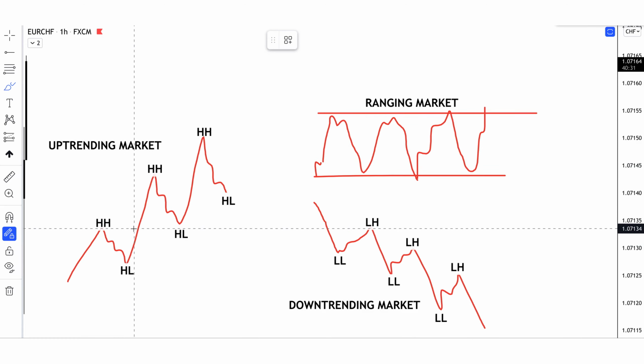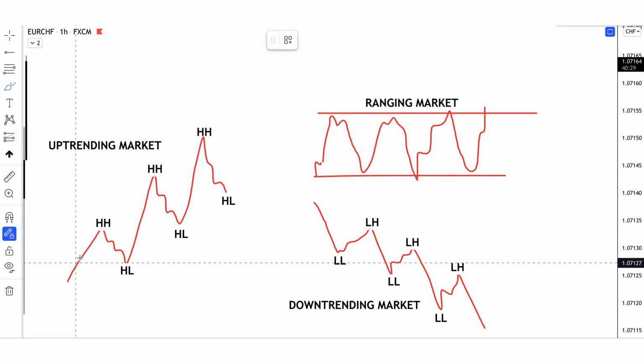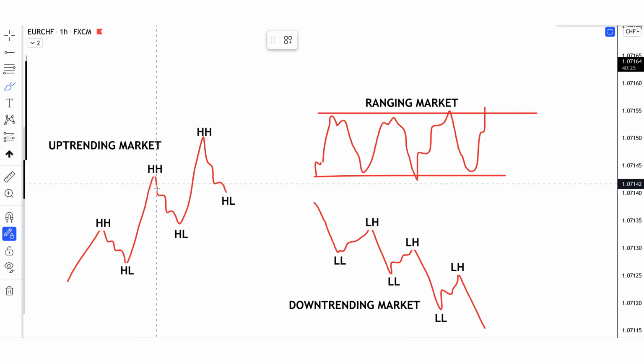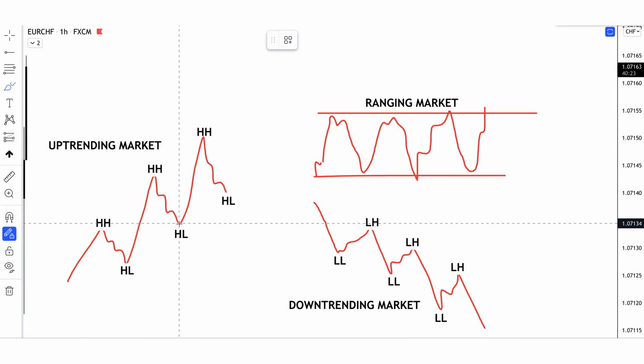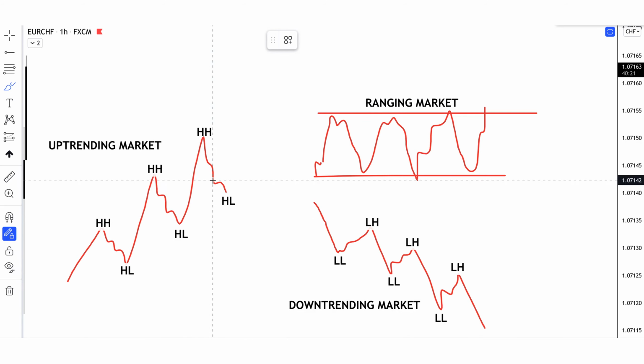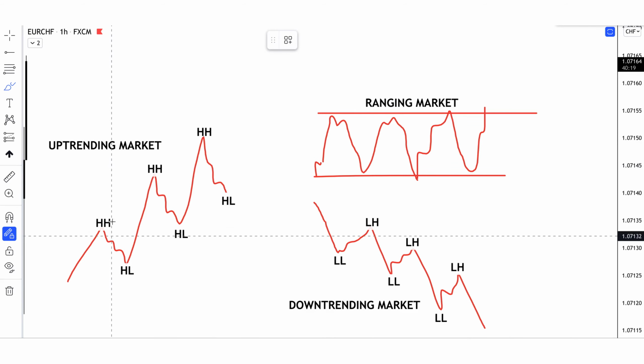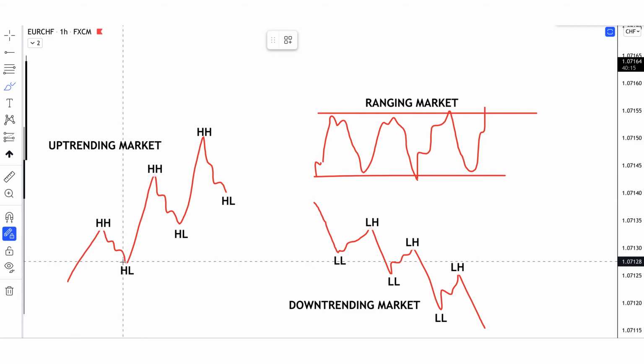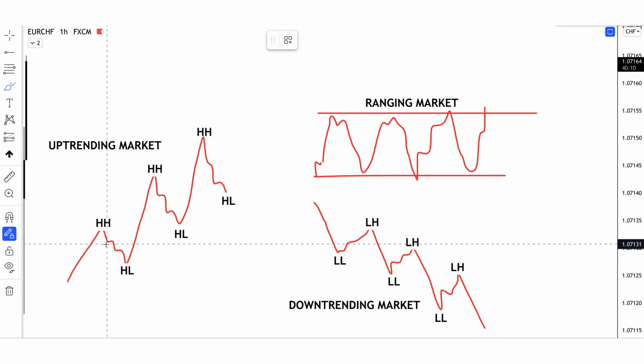Essentially what this is, is an impulsive move and then a corrective move, an impulsive move and a corrective move followed by another impulsive move, right? So although we are looking at a higher high and higher low sequence, I think a big thing that a lot of people forget to mention is how price is actually behaving.